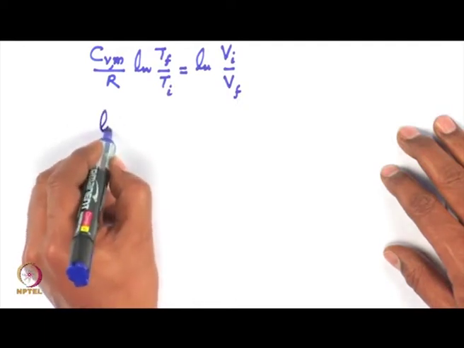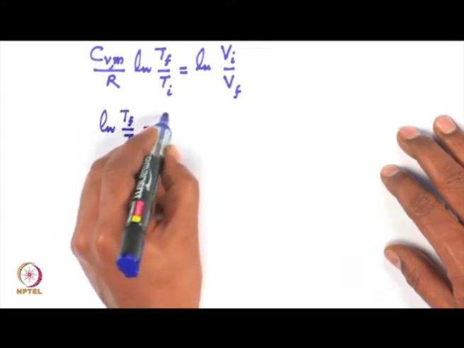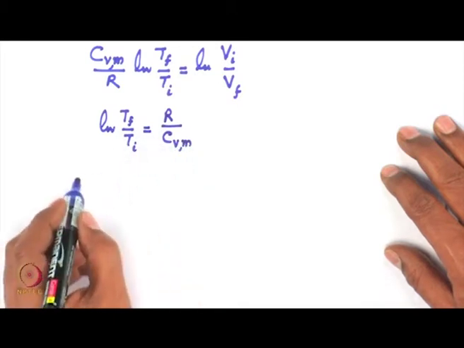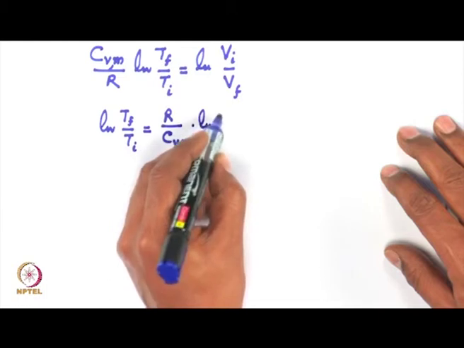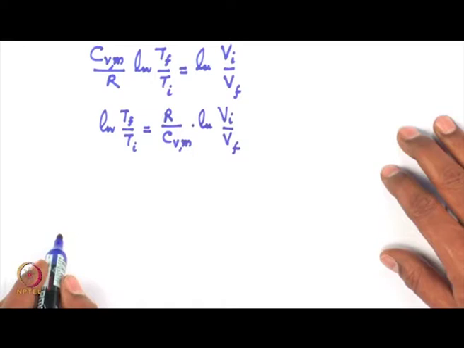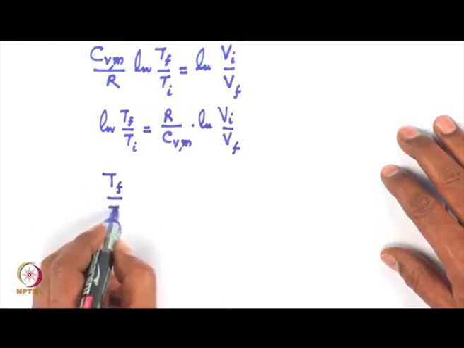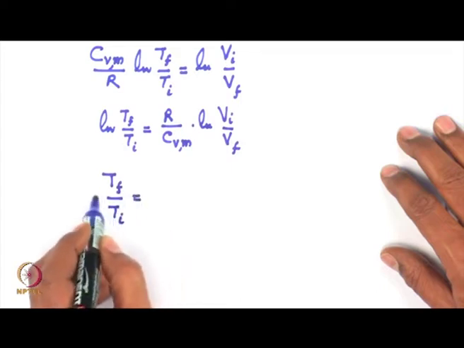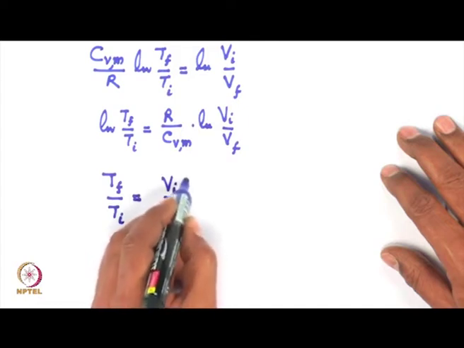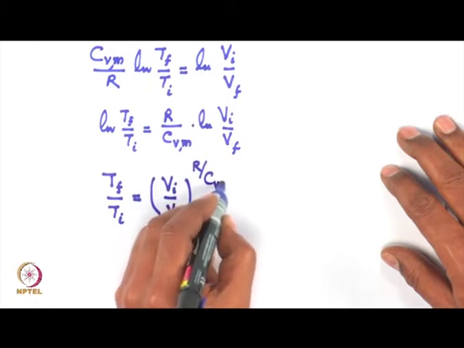This rearranges to log Tf by Ti is equal to R by CVm into log Vi by Vf. This further rearranges to Tf by Ti is equal to Vi by Vf raised to the power R by CVm.